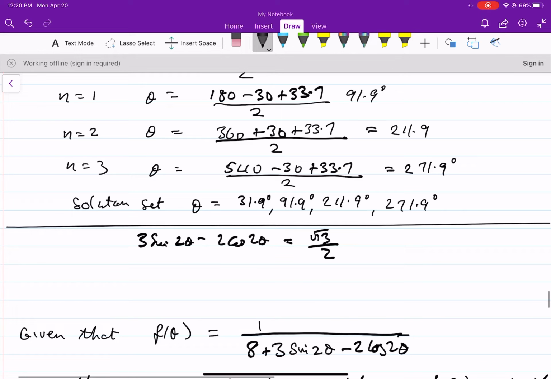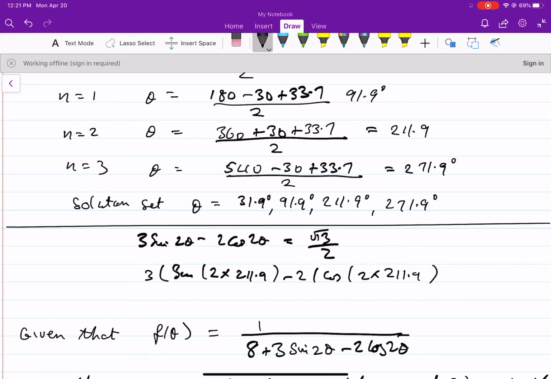And I'll plug in, I'll take the 211.9. 3 times the sine of 2 times. Let's see what that will give me. How quickly can I do this?